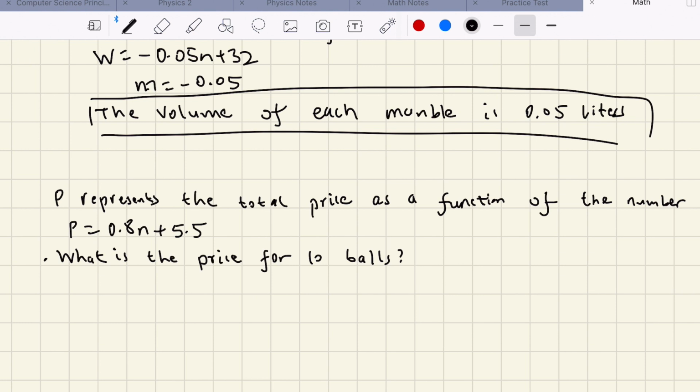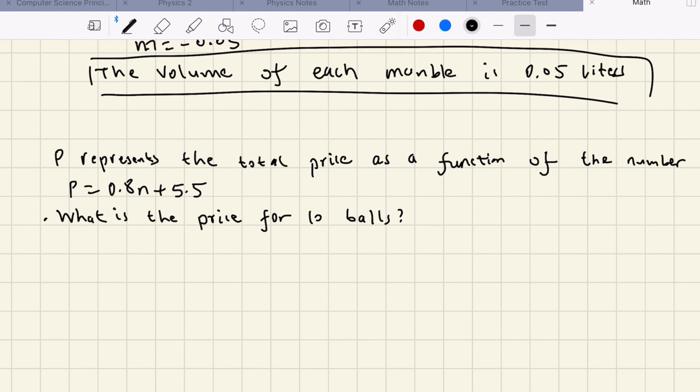Again, the number of balls times 0.8 is the price for the balls. Notice that I said it charges an initial entrance fee, and the entrance fee here is the y-intercept. The entrance fee here is 5.5, and the number of balls times 0.8 will be the price for the balls, which implies that one ball will cost $0.8.